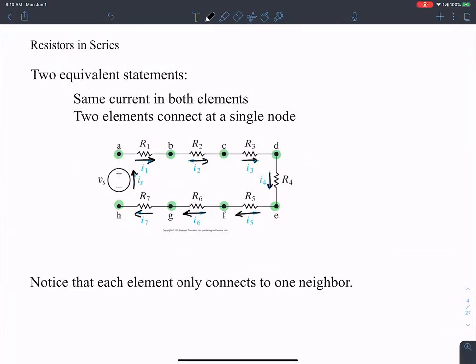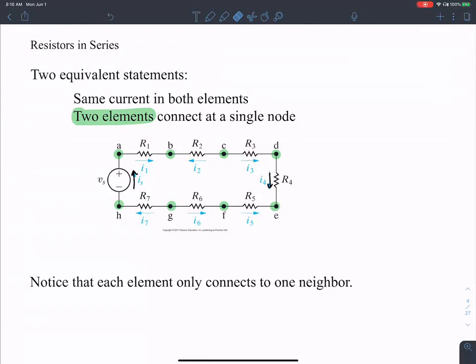So the same current is flowing through all the elements. Two elements connected to a single node. So this is one quick way to identify a series connection: two elements connected at a single node, like I mentioned earlier. That's the idea of a series connection.